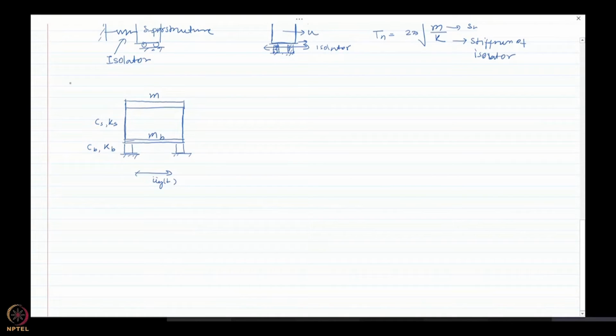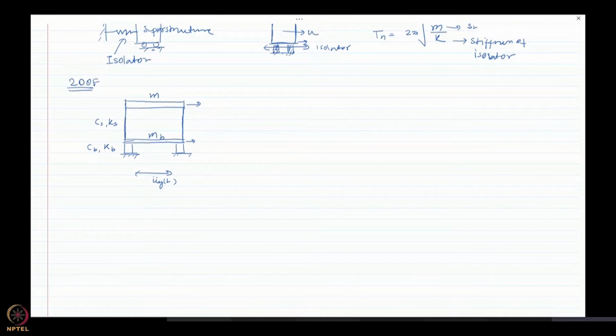So now this is a 2 degree of freedom representation where we are going to represent deformation at this level and deformation at the superstructure level, to represent the displacements at the isolation level and the superstructure, to represent the overall behavior.